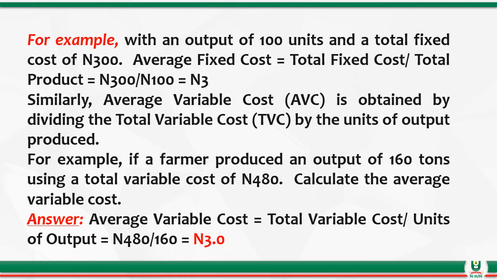Taking for example, if a farmer produces an output of 160 tons using a total variable cost of 480 naira, then calculate the average variable cost. The answer here is average variable cost is equal to total variable cost over the units of output, equal to 480 naira divided by 160 tons, giving us 3 naira.